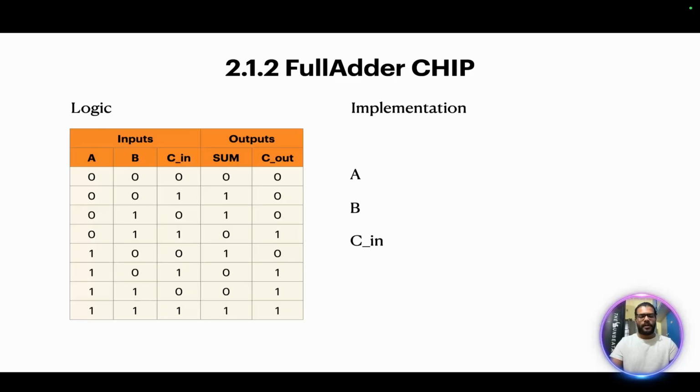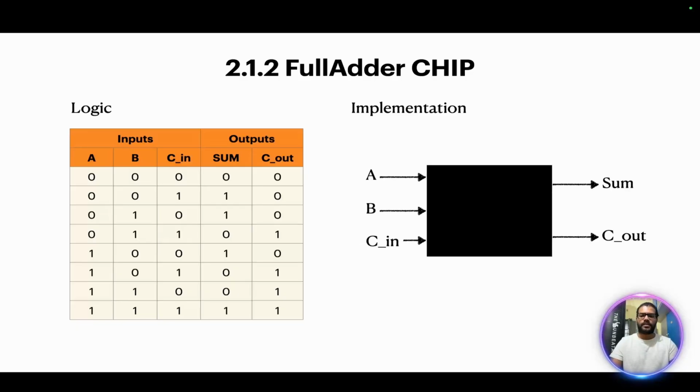Again, looking at the implementation, we are supposed to find a gate such that it takes A, B, C as input and gives out sum and carry out as output. How can we figure out a logic to do this?